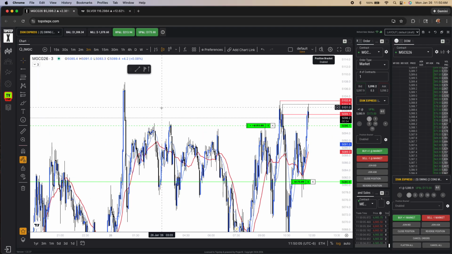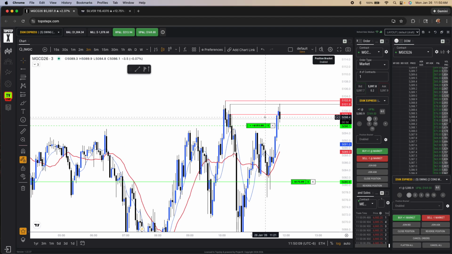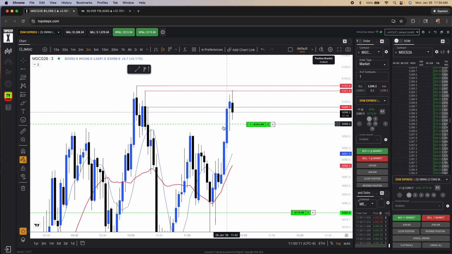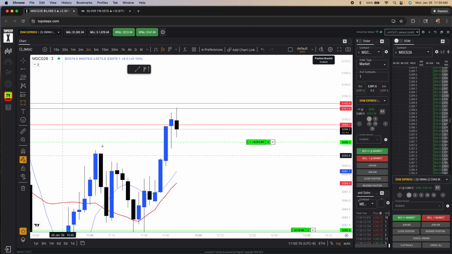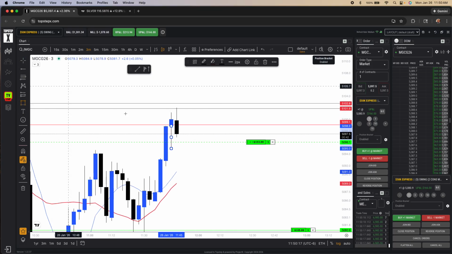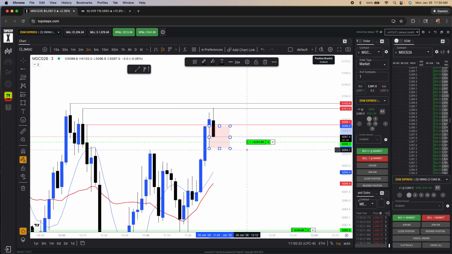Excellent, excellent, excellent. So now we're still fighting this little sweep. I kind of want to see us hold the 5-minute candle, these 5-minute buyers inside of this wick, and then continue to the upside.